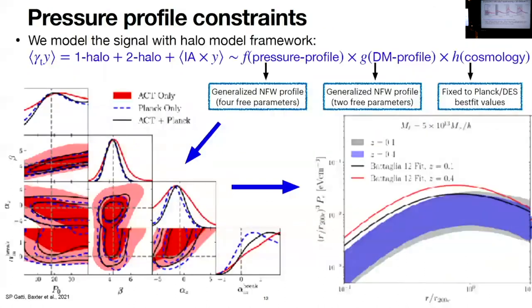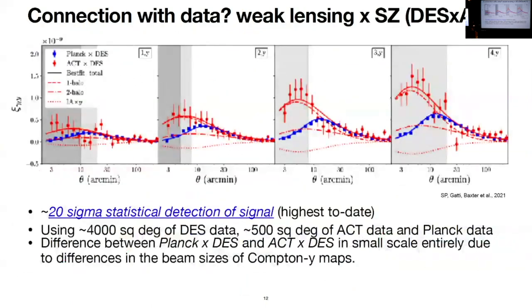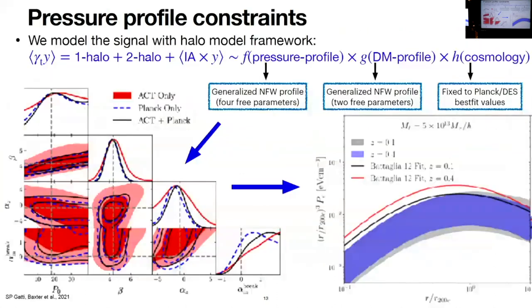It was a detection of the signal at 20 sigma, and we came up with an analytical model to get the fit. You can imagine writing the shear cross y in the halo model prescription as 1 halo plus 2 halo. There is a systematic contribution from the intrinsic alignment of the source galaxies correlated with SZ.